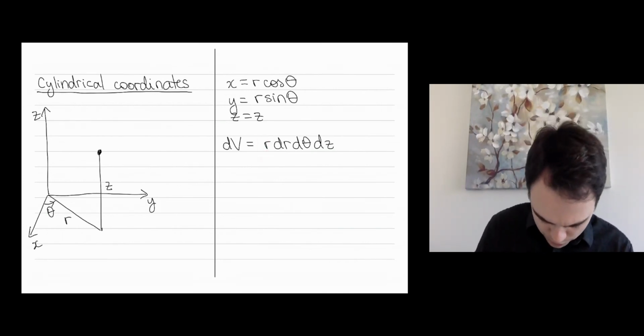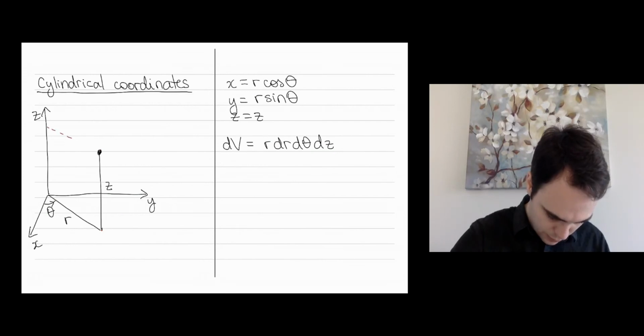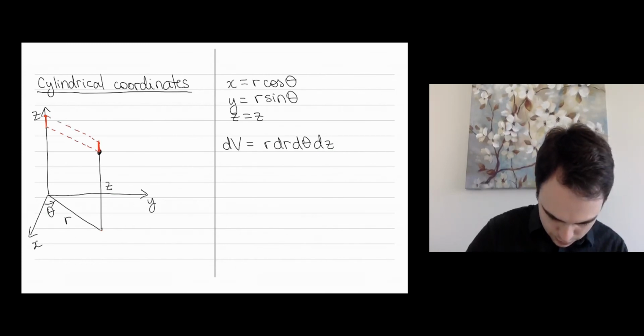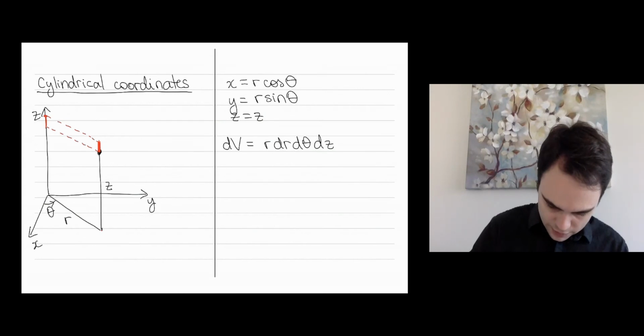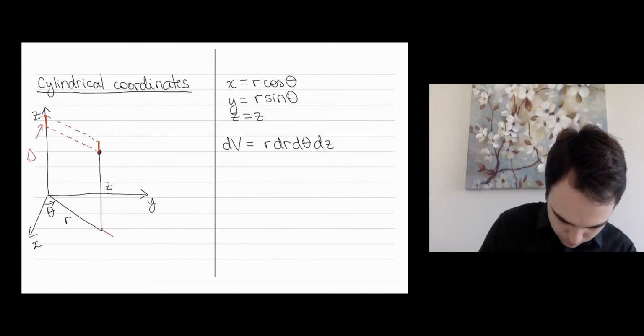So here's the picture. If I start at this point, here's the z value for the point. If I increase z by a little bit, I'm going to raise my point a bit. This is delta z.